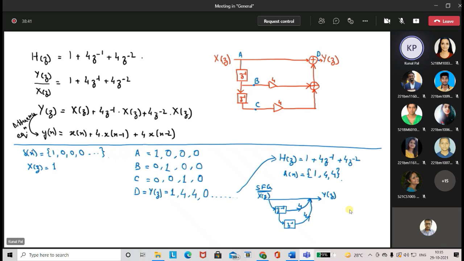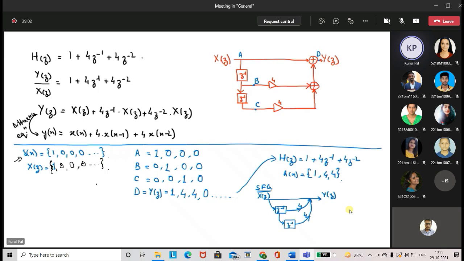Now in this case, let us take the input impulse signal given by delta n equals 1 0 0 0 0 0. So similarly, we would be getting X(z) as 1 0 0 0 and so on.